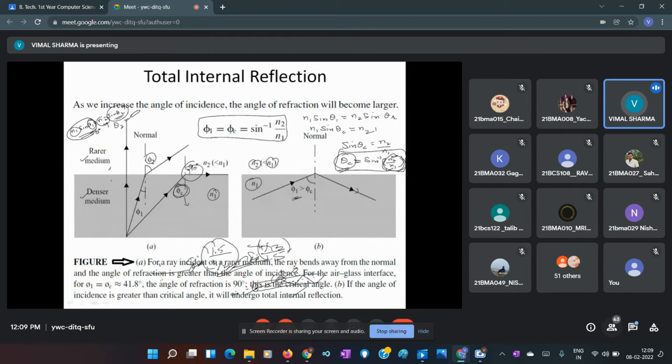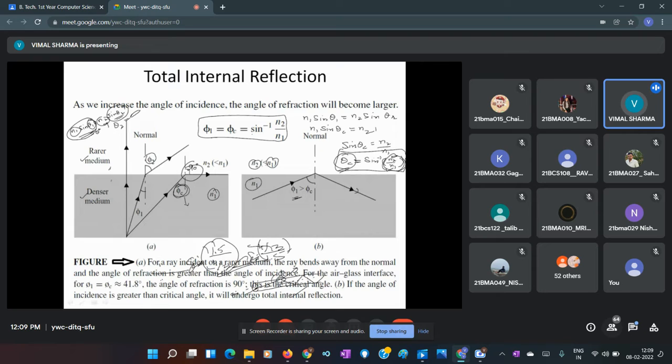And then as we go on increasing the angle of incidence of this light ray, when it becomes equal to theta c or phi c, which is called the critical angle, which depends on the refractive indices of the two media.